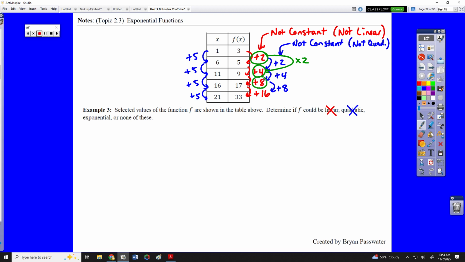Then going from 4 to 8 is times 2. And going from 8 to 16 is times 2. Which means that while the change in the rate of change was not constant, the change in the rate of change was proportional. Okay, we do have a constant multiplication-based pattern in the rate of change. So this could be exponential.